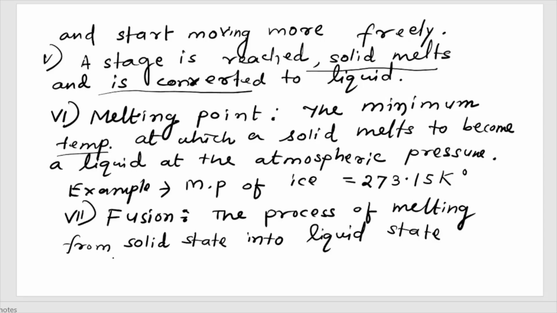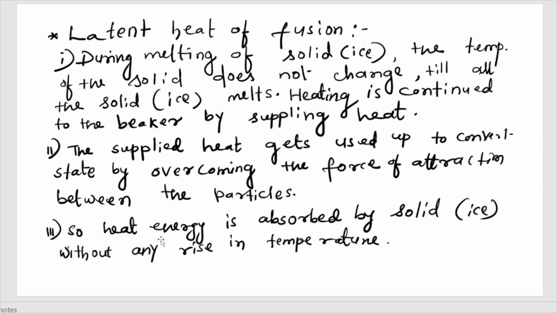The process of melting from solid to liquid state. When the solid changes to liquid by giving heat, vibration increases, movement increases, and movement is free. At the time it changes to the liquid state, it gives the idea of fusion.